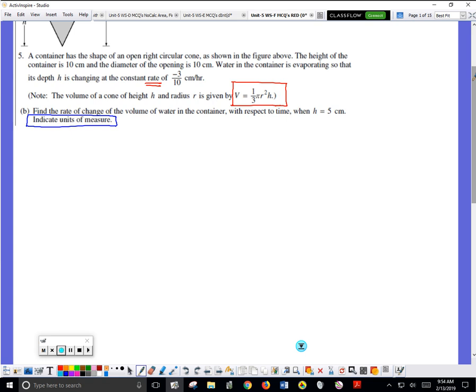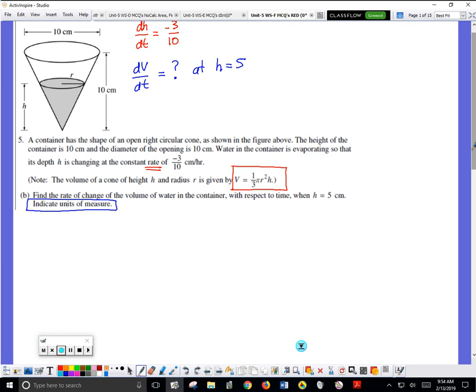Which is centimeters? Is that what it is? Well, slow down. We're looking for dV/dt. So the way you figure out the units is you say, what would be units of volume? Think of something simple you've learned. Volume is length times width times height. So they're measuring in centimeters, so cubic centimeters. So the change in volume is going to be cubic centimeters over, what's the change in time?